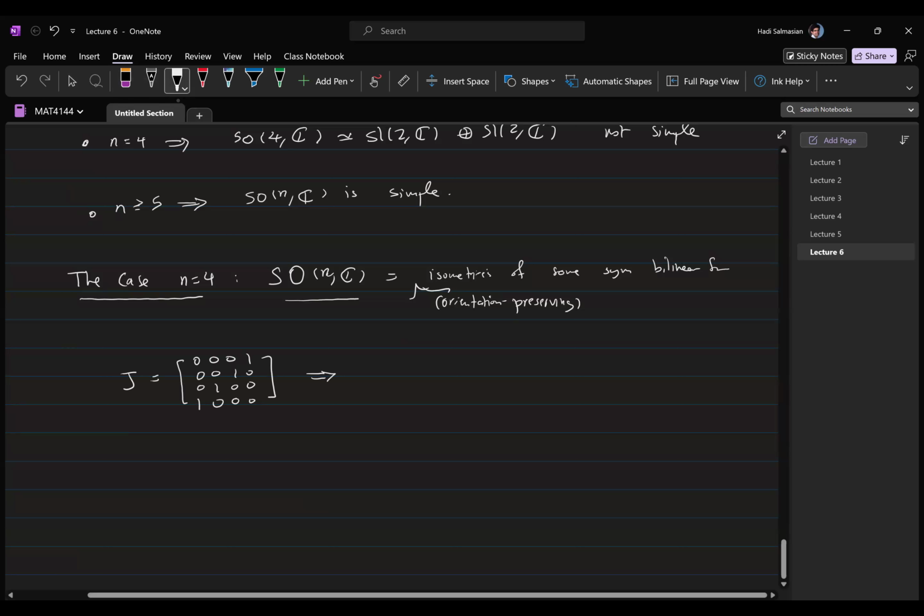So then SO4 is isomorphic to the set of matrices of size 4 by 4 such that XJ plus JX transpose is 0.